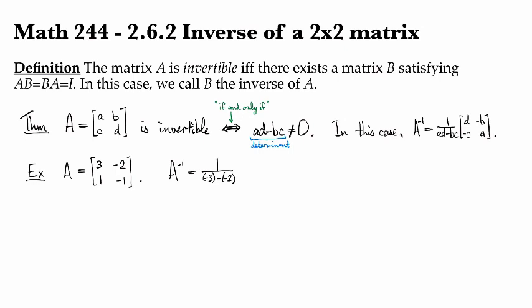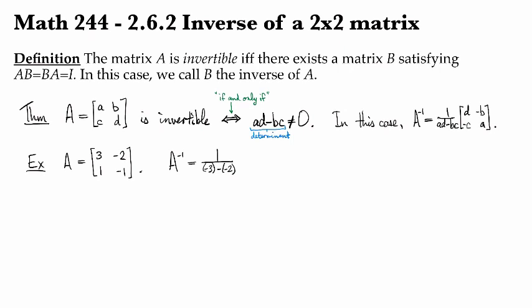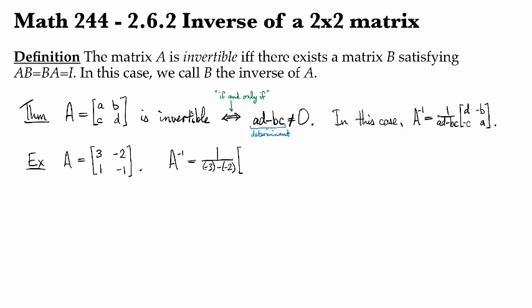And that's what we're going to have as our normalizing coefficient out front. And then we swap the 3 with the minus 1, and we have minus 1, 3. And then we negate the minus 2 and the 1, and so we get a positive 2 and a minus 1. So we have this matrix here.